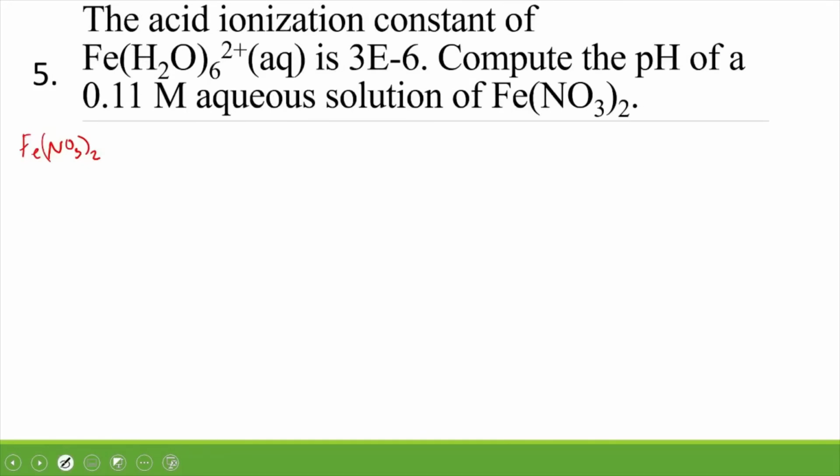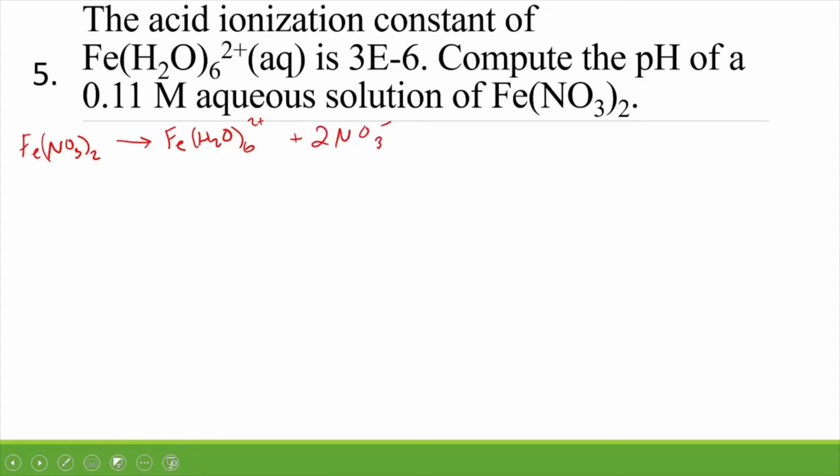And then what's actually going to be happening, you can put equilibrium or not, honestly, but it's forming this iron water hydrate. We can just say that's what it's forming. It's just completely dissociating. Okay, and this has a 2 plus charge and then 2 NO3 minus.